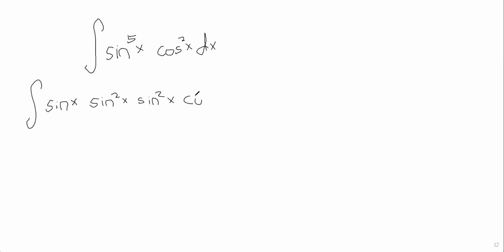Yep. 1 minus cosine squared x. So we're going to replace this one with 1 minus sine squared x, and same thing with this one right here. No, sorry, I meant to say cosine of x. We're going to replace both of them with 1 minus cosine squared x. Okay.